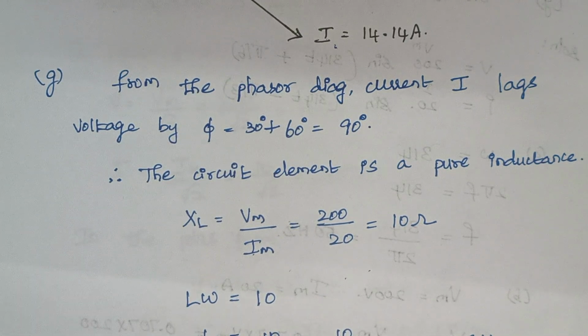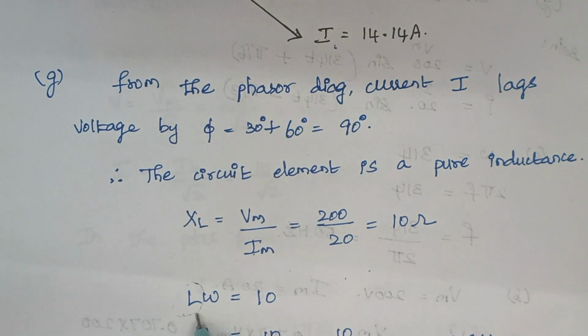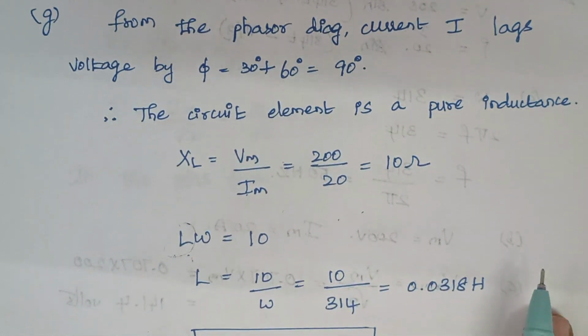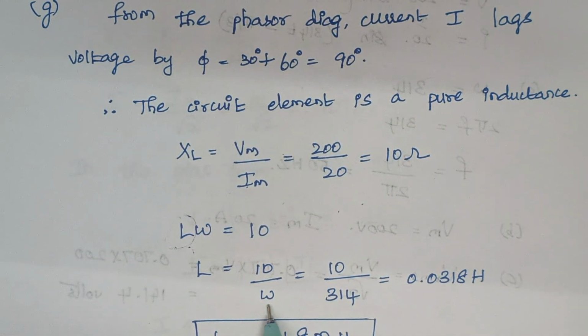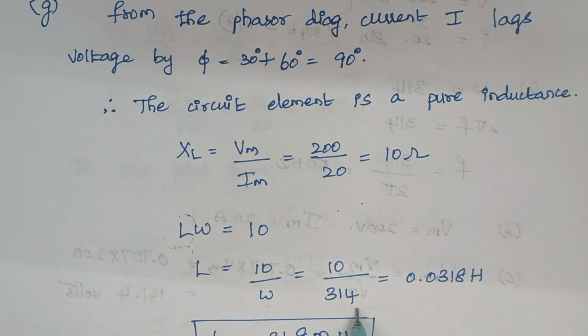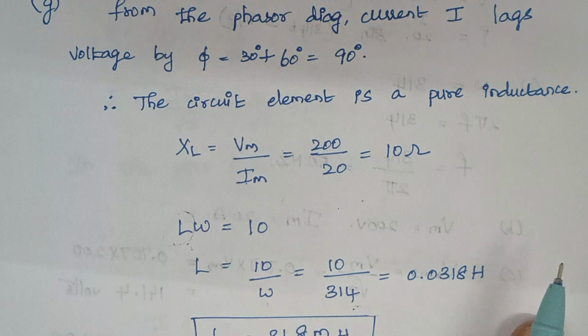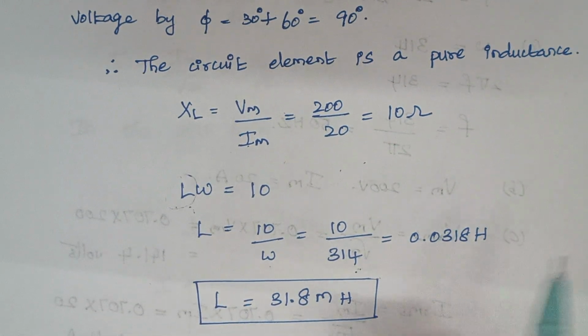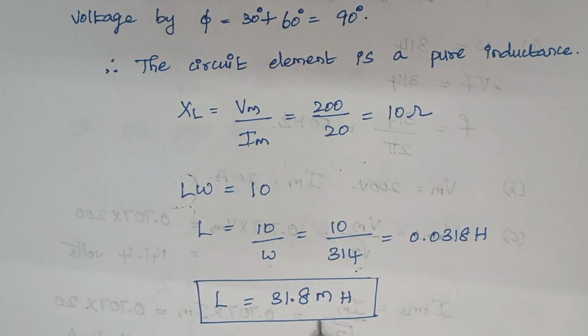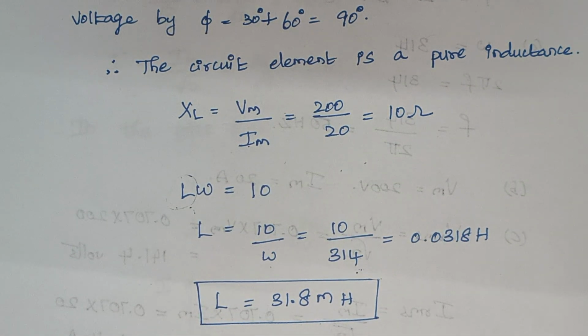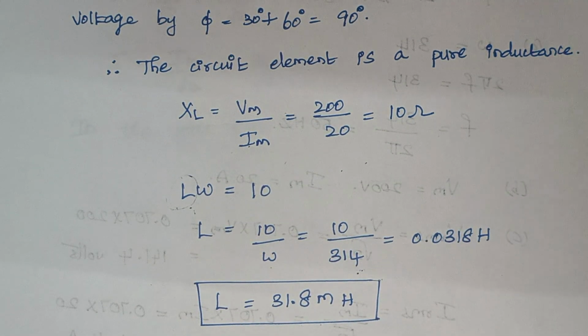The circuit element here is the inductance L, so we need to calculate L. L is given by 10 by omega, and the value of omega is 314, taken from the problem. Calculating, we get 0.0318 Henry, or in other words, inductance is 31.8 millihenries. So here comes the end of this problem. We will proceed with the next one.